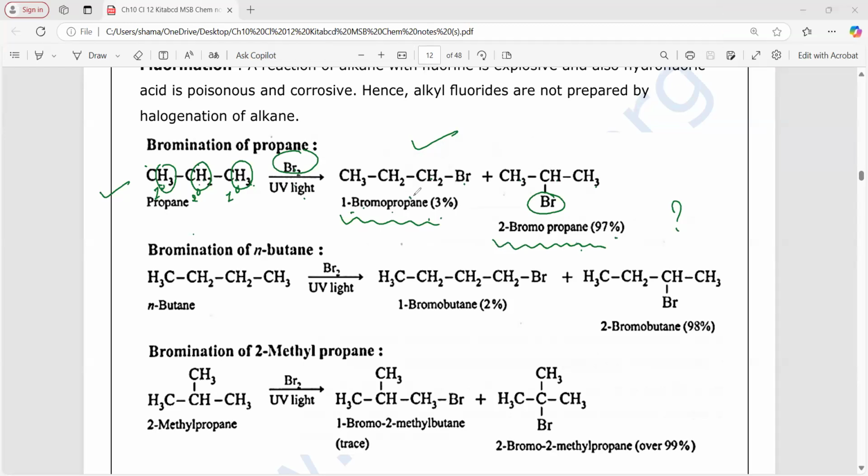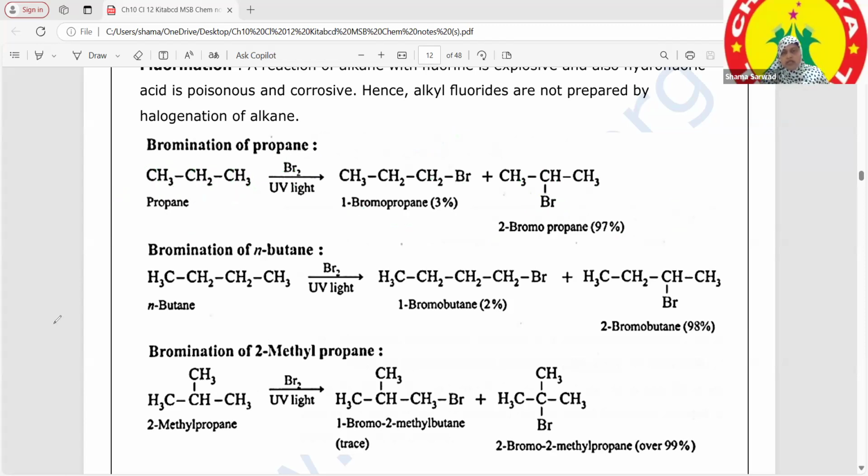Understanding? Ma'am, this one I didn't understand. Can you please explain again? Okay, sure, not an issue. We have learned about the primary and secondary carbocation. So what happens if one of the hydrogens would leave from here? It will generate the carbocation like this, CH3, CH2, CH2 plus, correct?